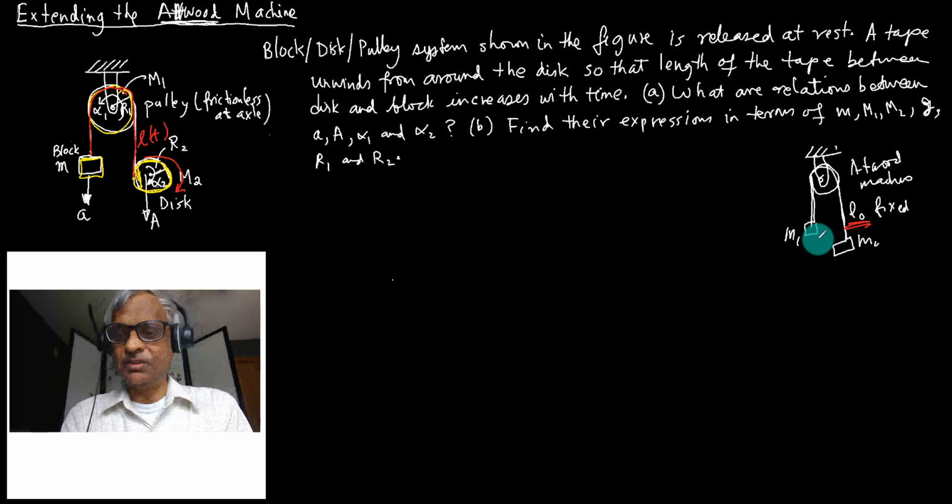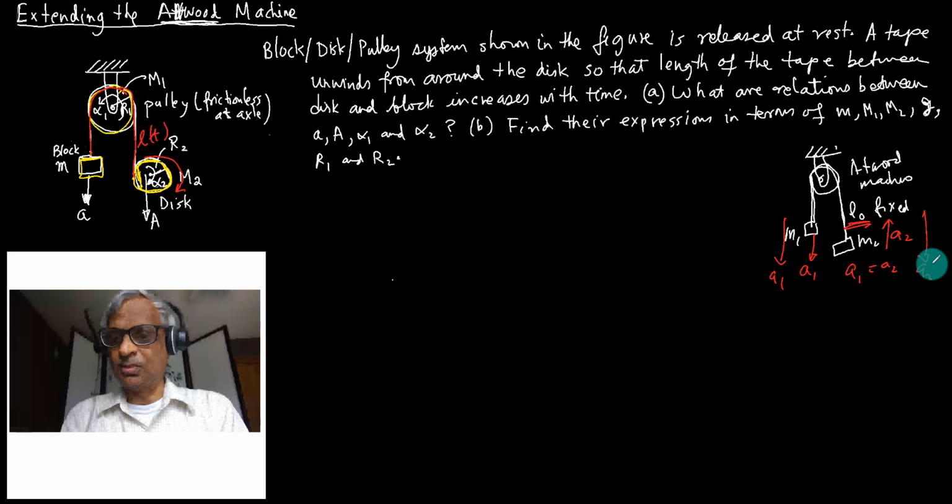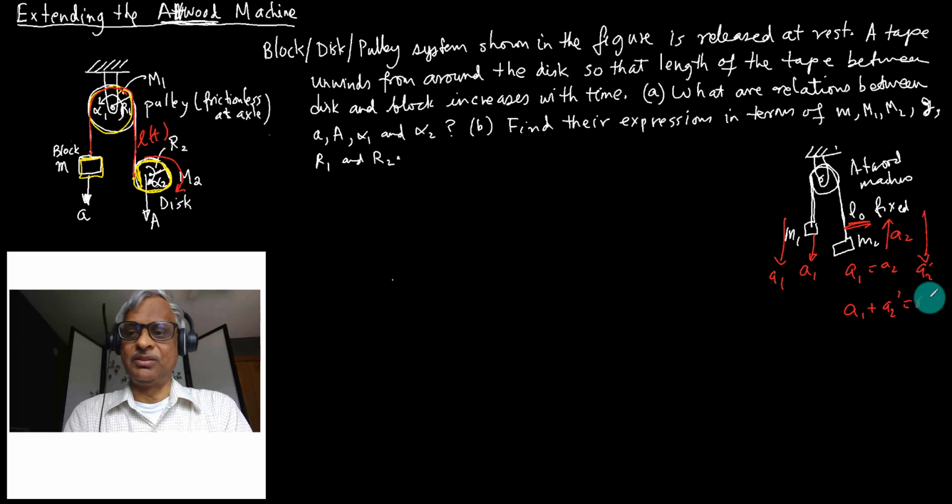So here, if this is A1 and this is A2, then A1 equals A2. Or if you call this side A1 and the other acceleration A2 prime, then A1 plus A2 prime has to be 0.